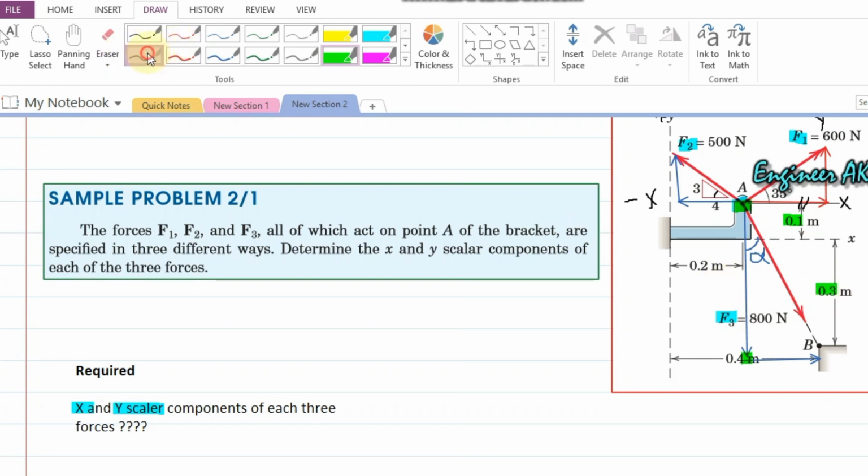I can write it here, it will be 0.4. And if I want to find this, from here till here it is 0.2, and the total is 0.4, so from here till here it's 0.2, and this will also be 0.2.